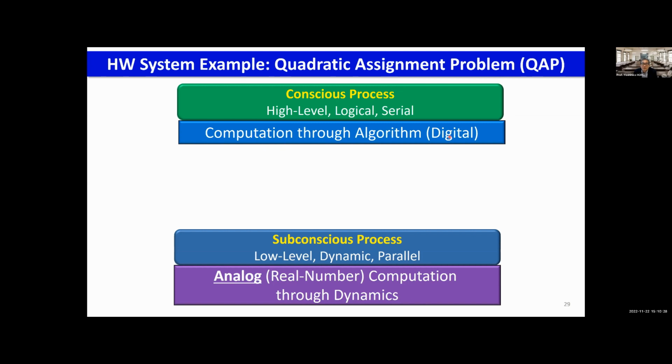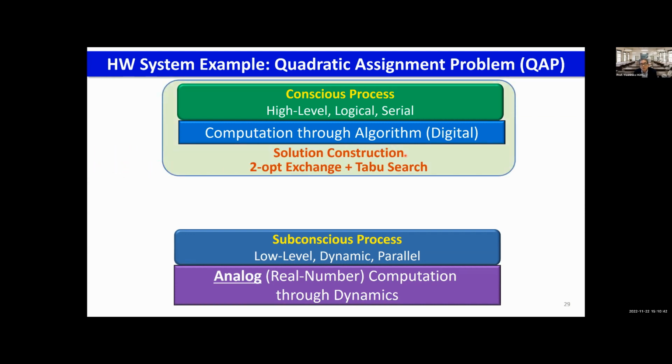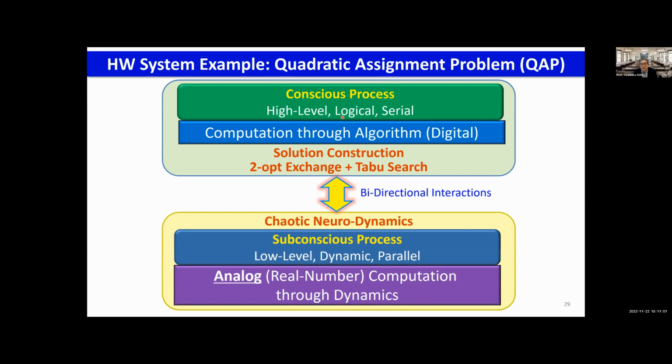Here we have the digital computer, and here we have the analog computation through dynamics. As an algorithm, we used solution construction and two-opt exchange tabu search algorithms. For the dynamics, we used very high dimensional complex chaotic neurodynamics, and we made them interact bidirectionally and solve this assignment problem.